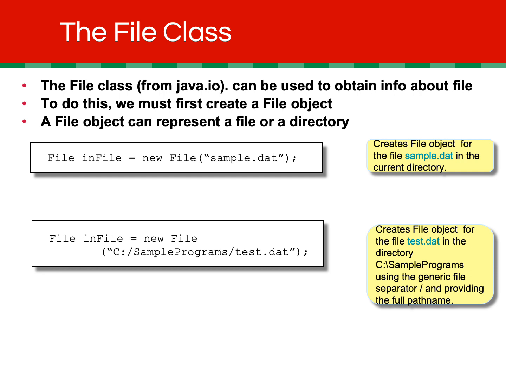The File class from java.io can be used to obtain information about file. To do this, we must first create a file object. A file object can represent a file or a directory. For example, you can write it as File inFile = new File and the name of your file, sample.dat.